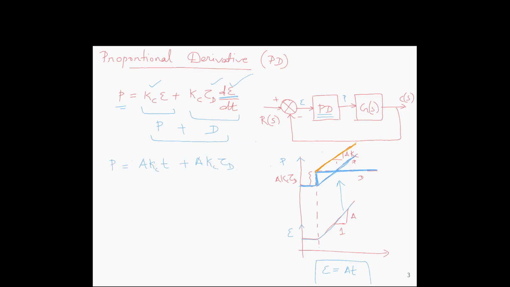Suppose our error is a t, a ramp input. Then the output of the proportional derivative controller will be a into Kc t plus a into Kc tau d. So after this derivative part, we will get the proportional derivative action to be this. The controller takes action to counter the anticipated change in the error that is predicted from the slope of the error versus time curve.